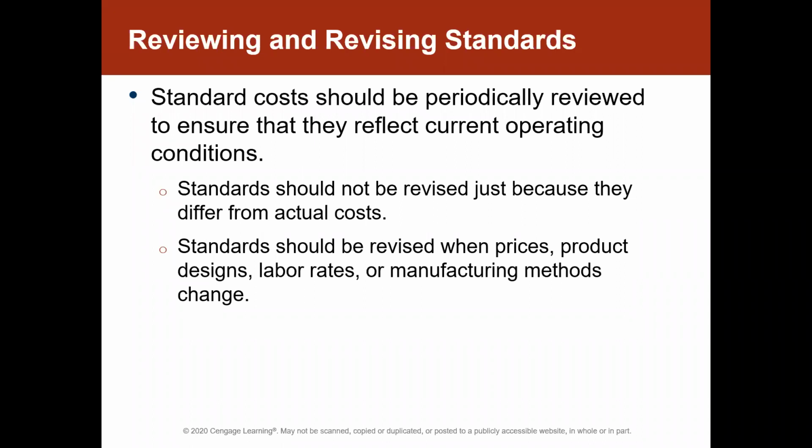So, for example, New York State minimum wage will be going up the first of the year. This is planned, but if that's not reflected in a company's standards, if they have employees who make minimum wage or close to minimum wage, they will need to go back and revise those standards, because they're no longer realistic.